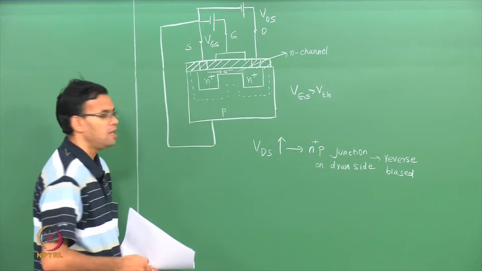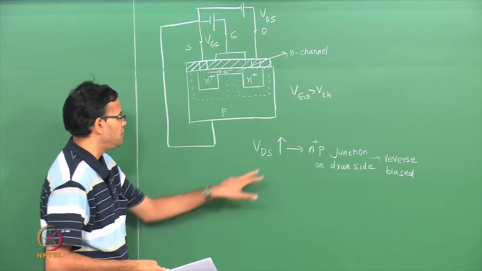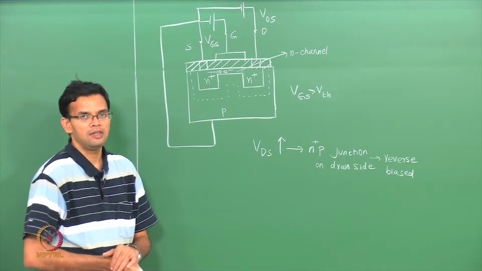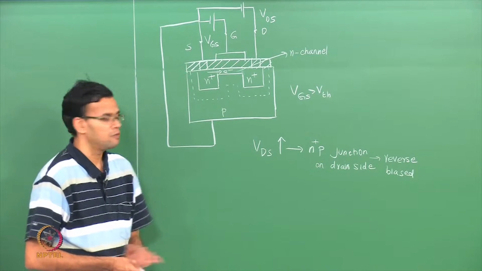So this essentially means the channel starts to get narrower as VDS increases, and ultimately above a certain voltage the channel just gets pinched off.